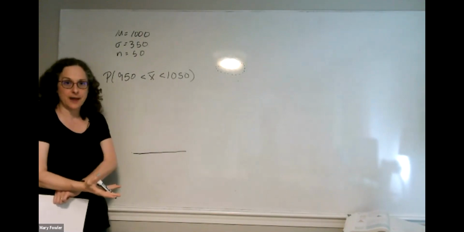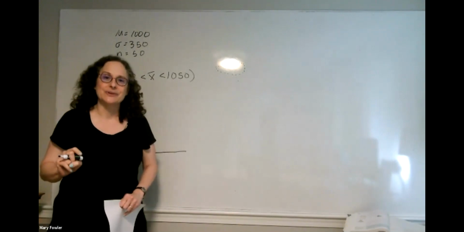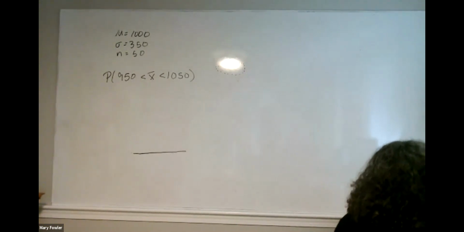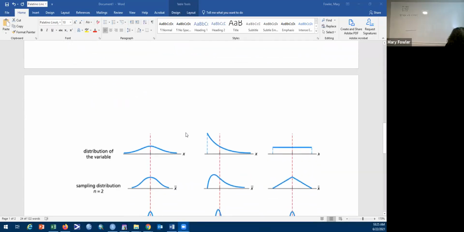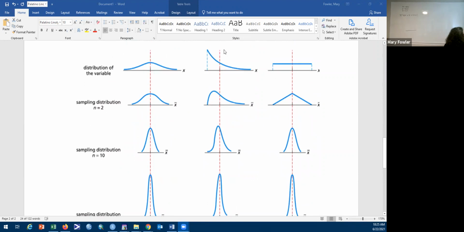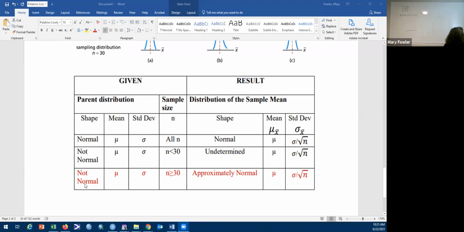Well, the parent population was right skewed, but the sample size is large. This is a little snippet from the notes, and from the textbook. What happens as the sample size gets large is that even though the parent distribution was not normal, the distribution of X bar is approximately normal.